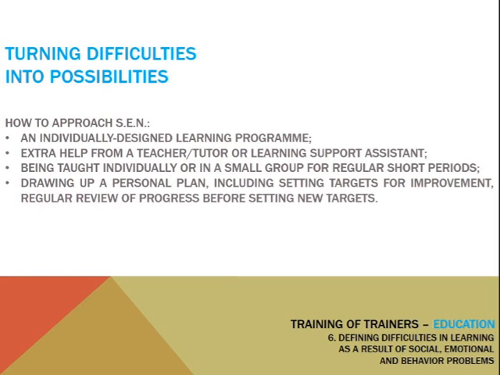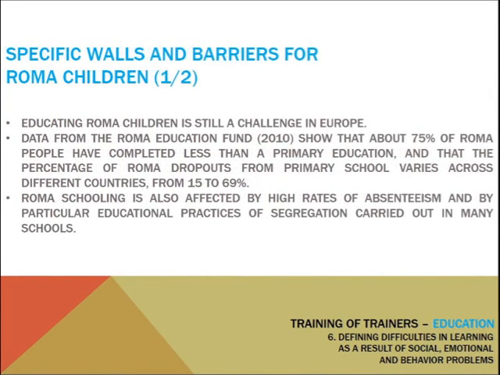Data from the Roma Education Fund show that about 75% of Roma people have completed less than a primary education, and the percentage of Roma dropouts from primary schools is really high and can reach 70% in some countries.